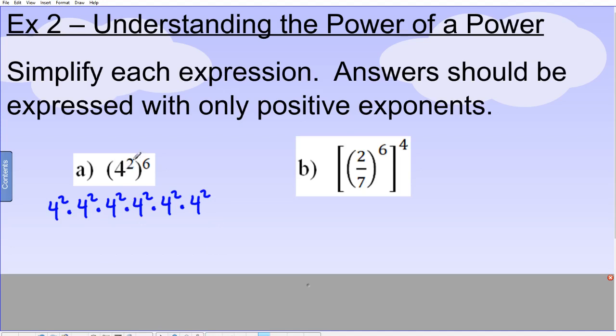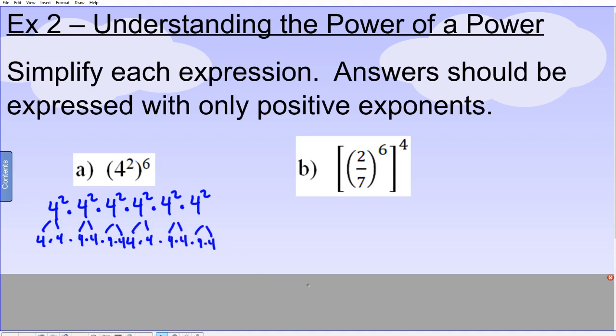And each of these 4 squareds is 4 times 4. So 4 times 4 times 4 times 4, the whole way across.